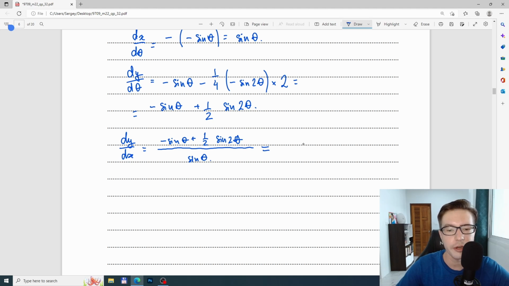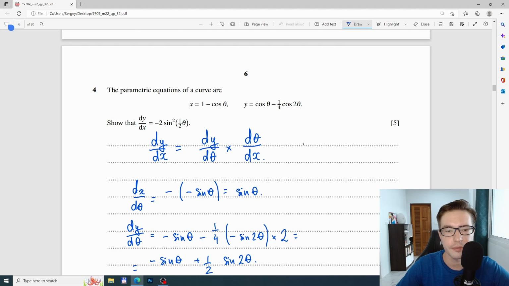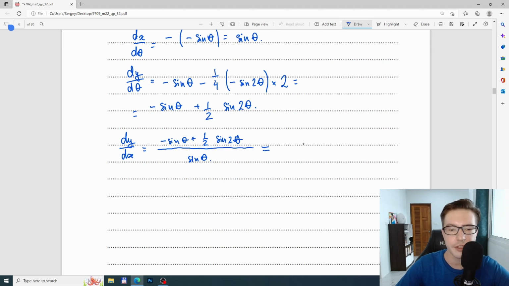Now, is it the form they are asking us to get? No, not yet. So first of all, let's get rid of sine 2 theta and rewrite it using the double angle formula, which is 2 sine theta cosine theta.